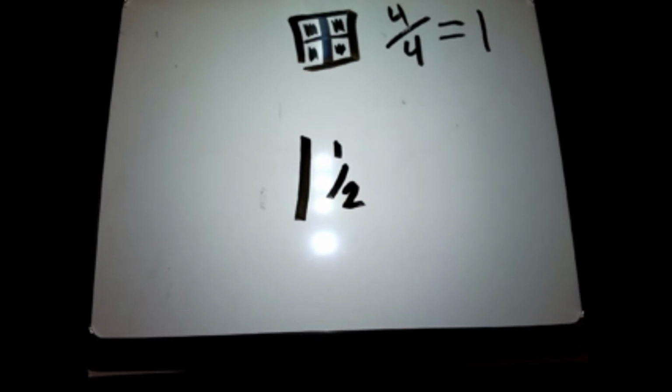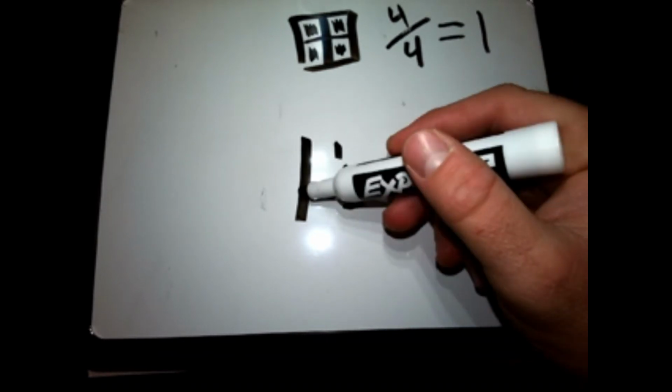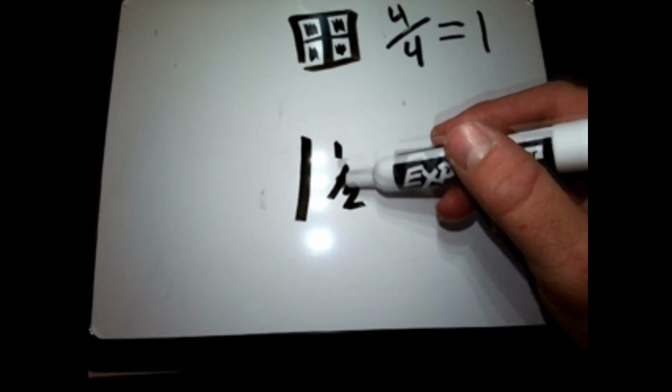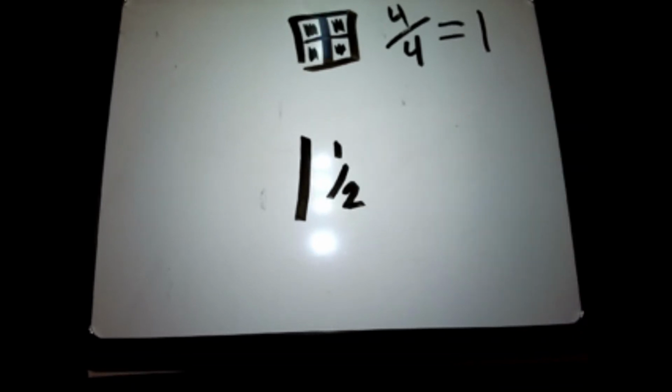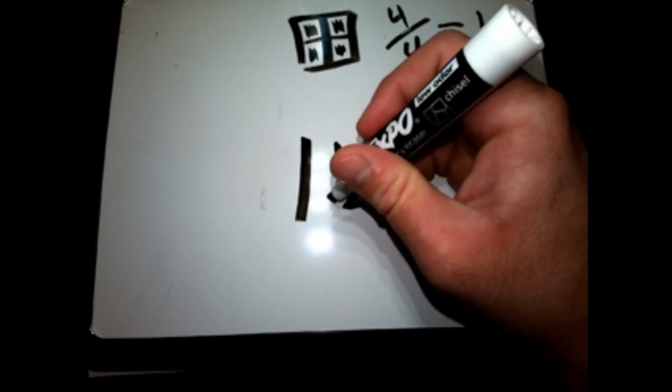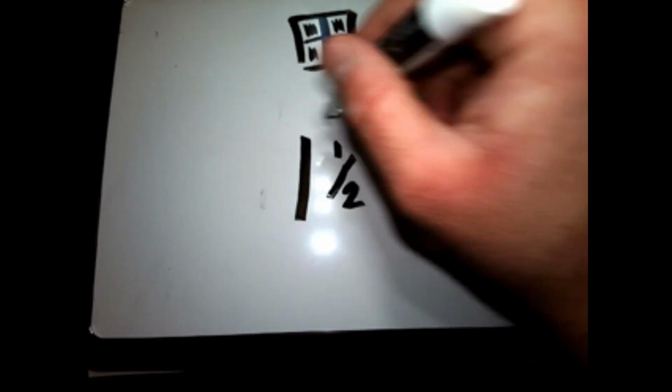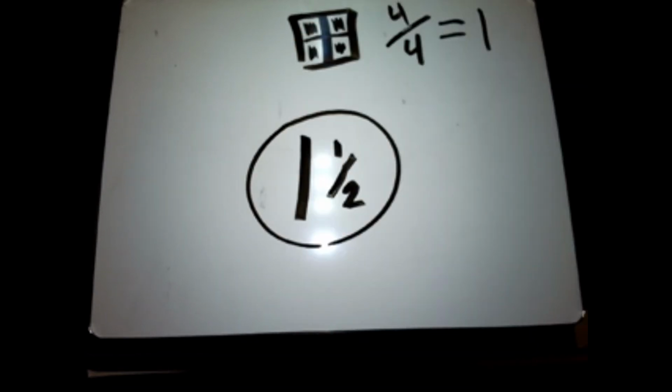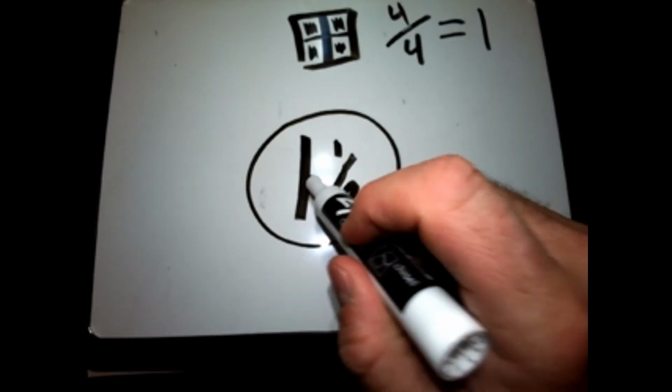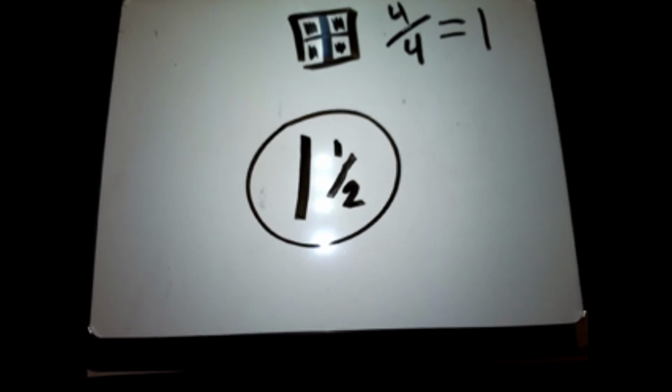You've got your big number here, which is your whole number, and your 1/2, which is part of a number. It is not a whole number. Anytime you have a big number next to a fraction, that is your mixed number.